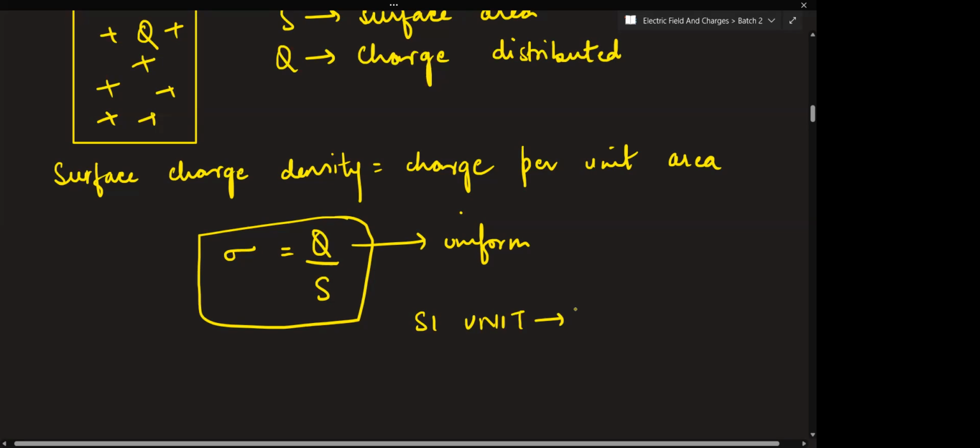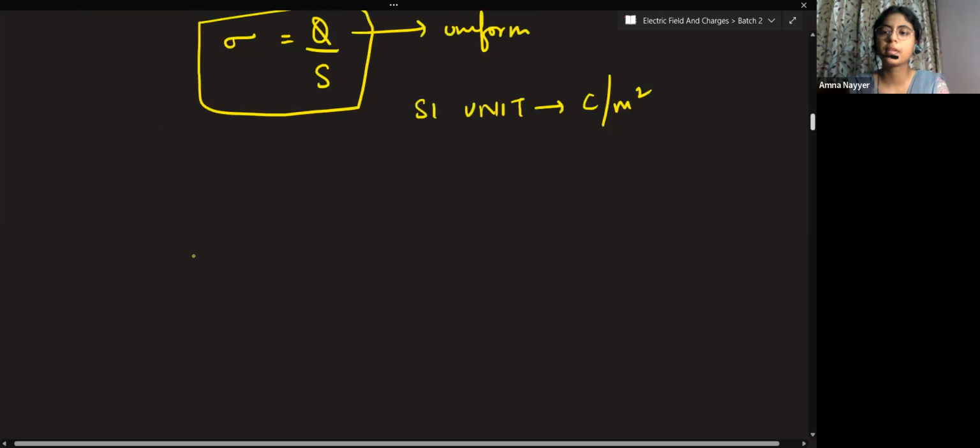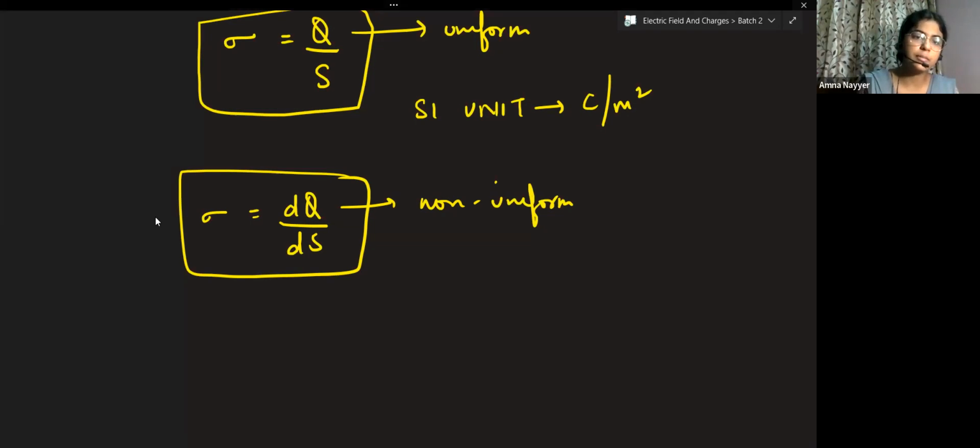It will be coulomb per meter square. And if you have it for non-uniform, then sigma will be dq divided by ds, similar to what you studied for linear charge. The earlier one was for uniform. So this is surface charge density, sigma. Lambda was linear charge density.